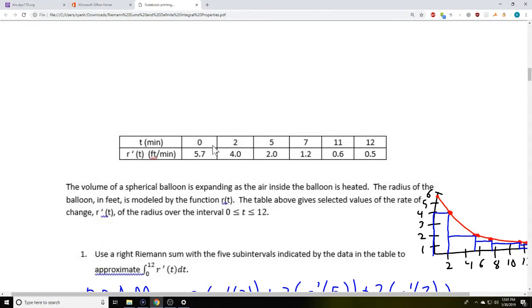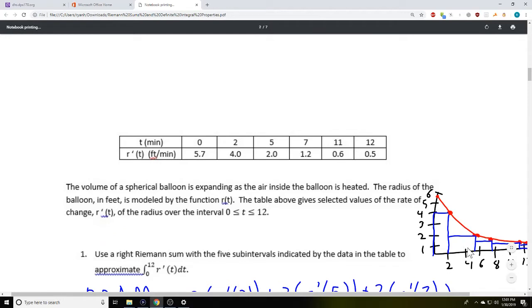Right, some of them are narrower and some of them are wider. So the base here for the first rectangle, for example, is from 0 to 2. So our base is 2. And then our height is determined by the right endpoint. So since we're drawing the rectangle from 0 to 2, we want to use the rightmost of that, so we're going to use the y value at 2.